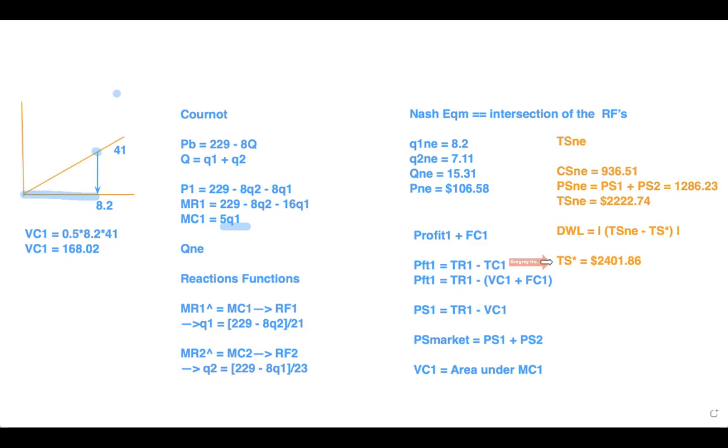Well, it says that a competitive equilibrium is efficient, and efficiency means it has the maximum possible total surplus. So this number has to be bigger than that one.